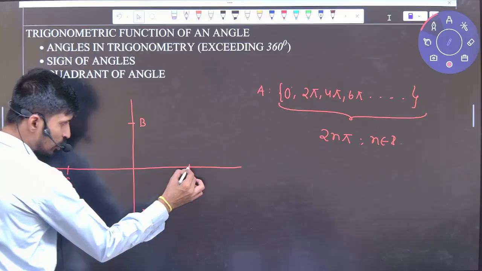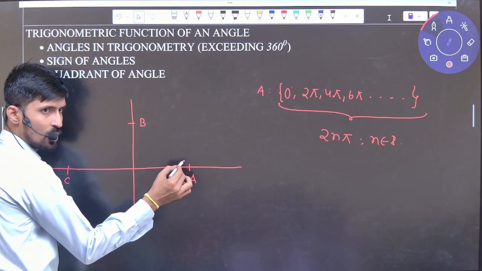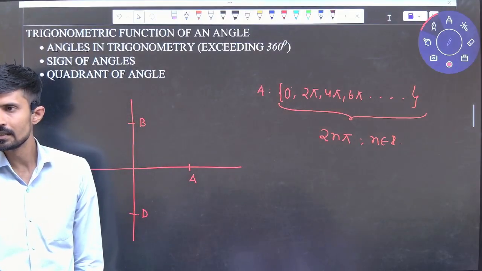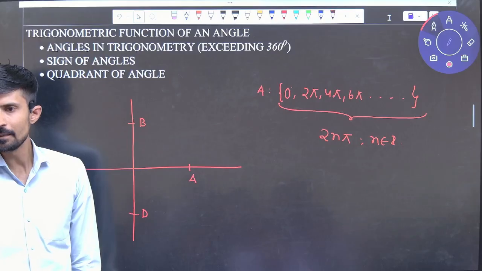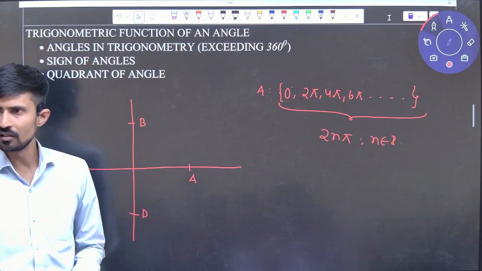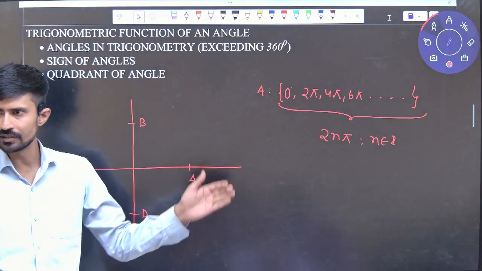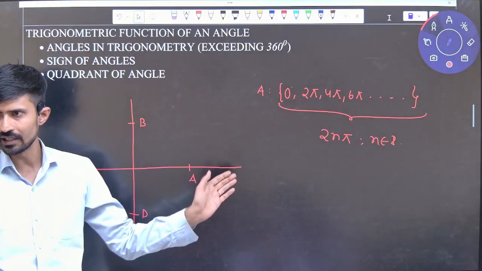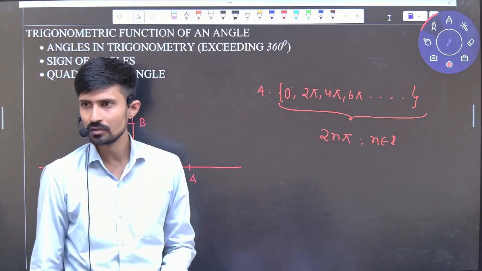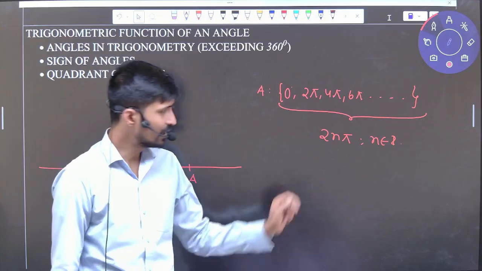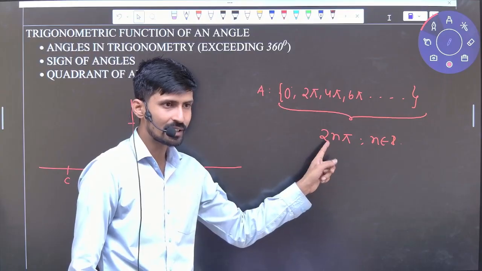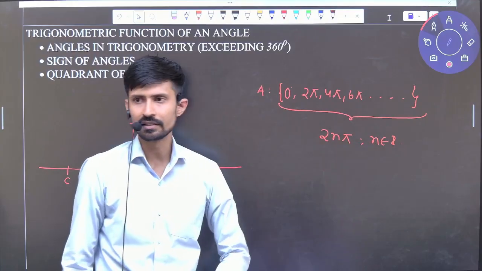So how many angles will A point represent? Infinite angles. It can represent a lot of angles: 0, 360, 720, and so on, infinite. All infinite angles we can represent with this 2n pi. In 2n pi, you know what 2 is, and you know what pi is. So what is n? n is an integer.